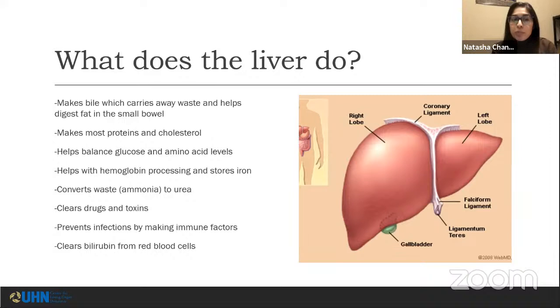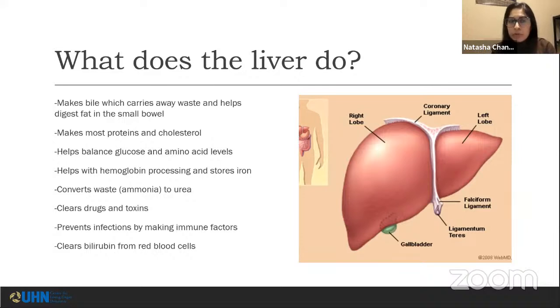The liver also makes the majority of proteins in our body, the most important of which is albumin. And in addition, it helps to produce cholesterol and regulate cholesterol. In addition, the liver helps us balance sugar levels in our blood as well as amino acid levels in our blood. It is also an instrumental organ in hemoglobin processing, and it's a major storage site for iron.